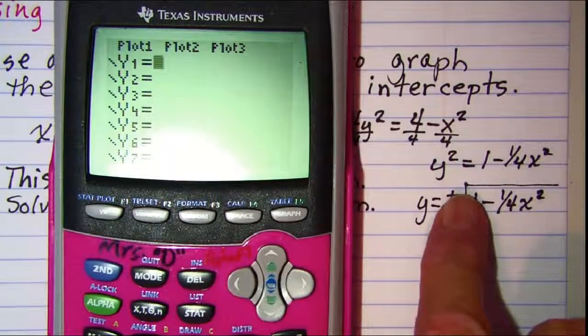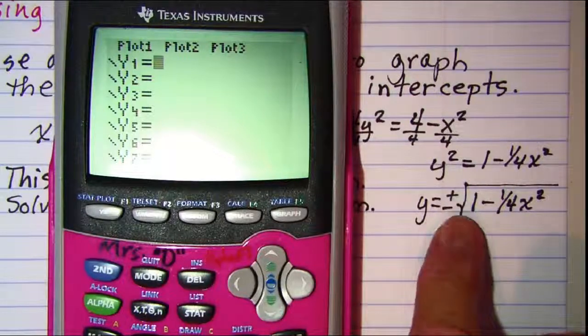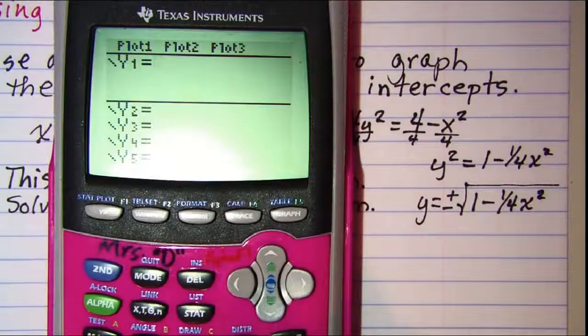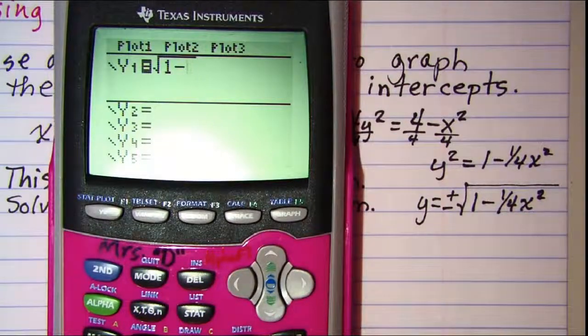And we'll need to do these in two separate equations, so let's do the positive square root. 1 minus, and I'm going to use 0.25, and then x squared.